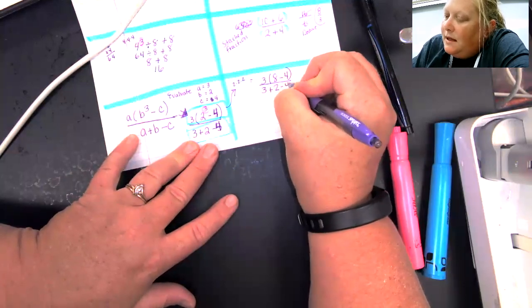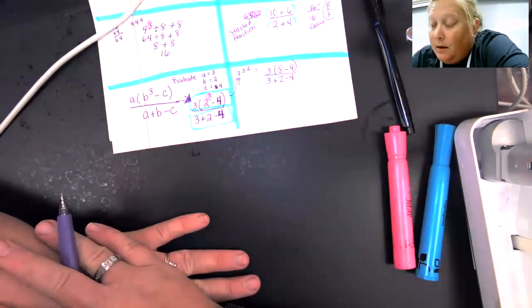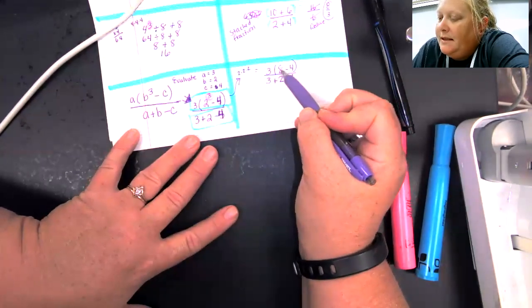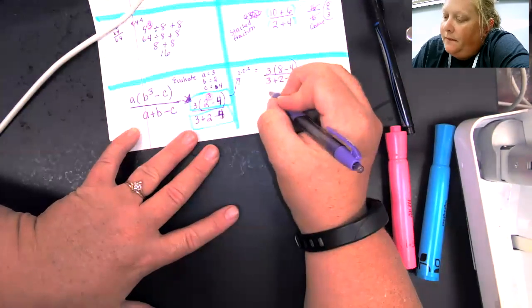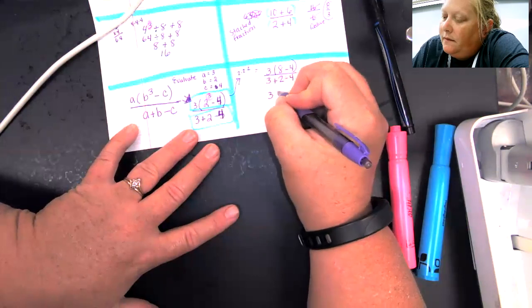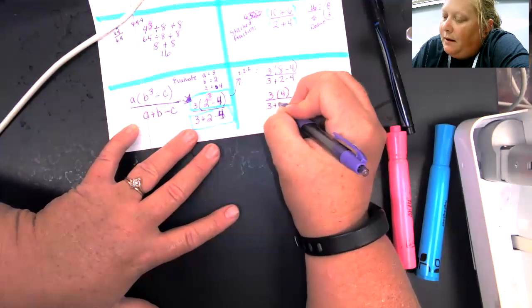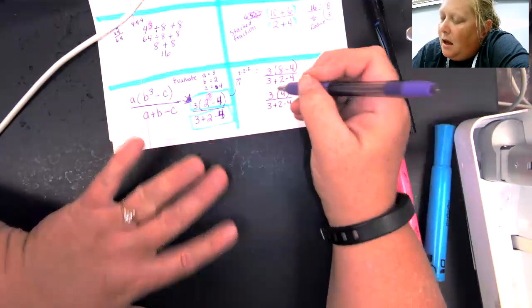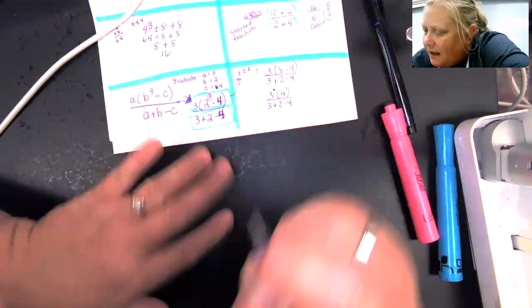Notice, not going to do anything to the bottom. Next part, start with the parentheses at the top. 8 minus 4. Well, what's 8 minus 4? Well, 8 minus 4 is 4. Now, this is a really good point right here. Notice I use parentheses. There is nothing in between.